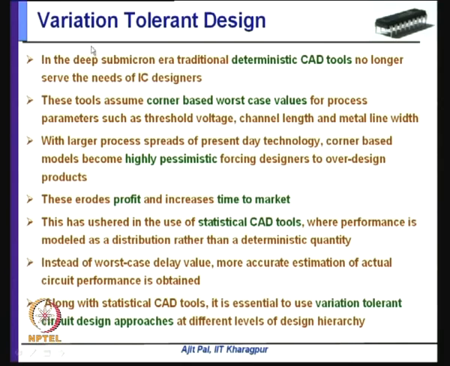Finally, we have discussed variation tolerant design. The basic idea is this: in earlier designs the variations were not much, but in present day technology the important parameters like threshold voltage vary over a range, so you cannot consider them as fixed.